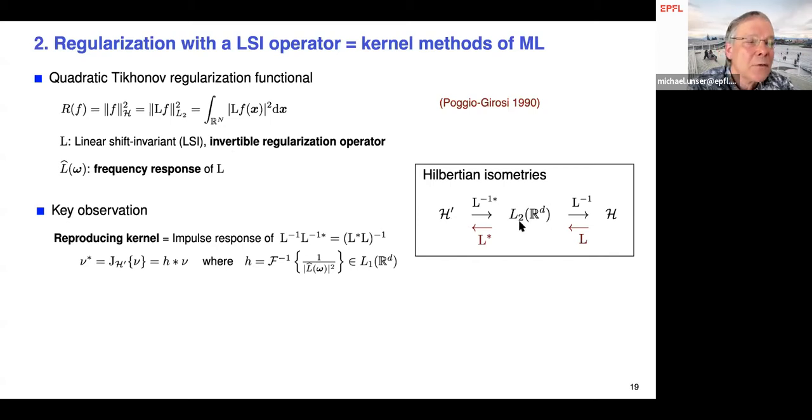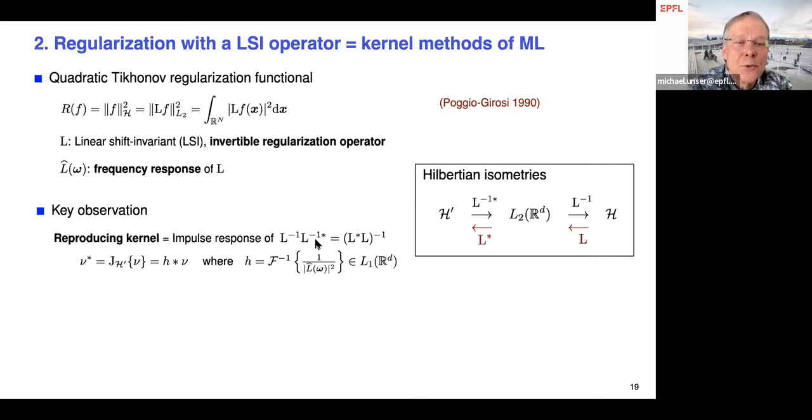And now if you look at this picture, you see that in fact this duality map is the map where you go from H prime to H, which means applying the inverse of the operator, the conjugate inverse operator.